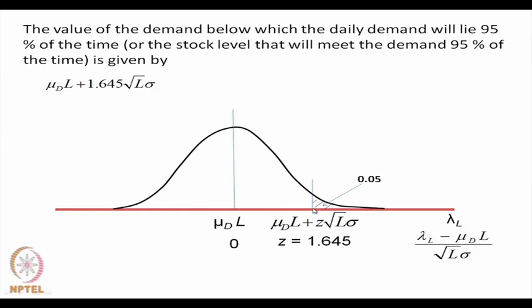So, this value of lambda L is equal to mu d L plus Z into root over L sigma, where Z is equal to 1.645 for 0.05. Now, this requires a little bit of knowledge of, as I said, probability theory, which is quite simple.